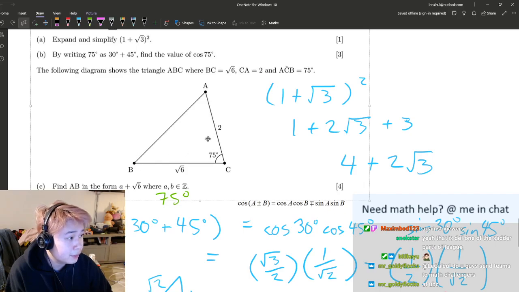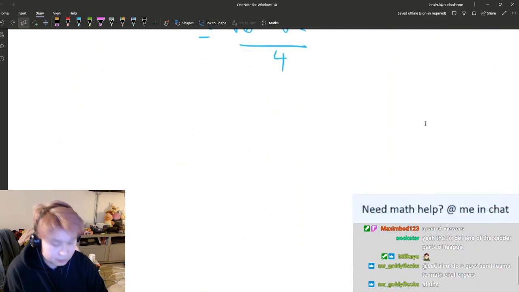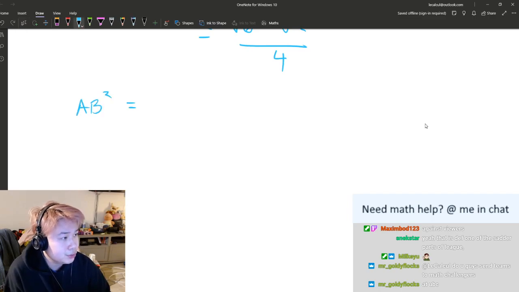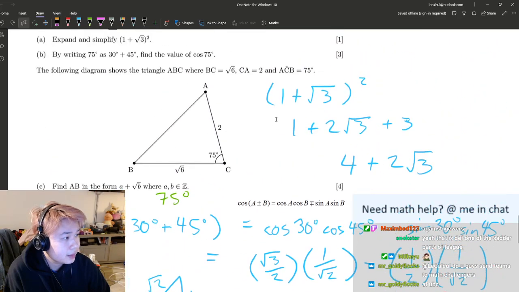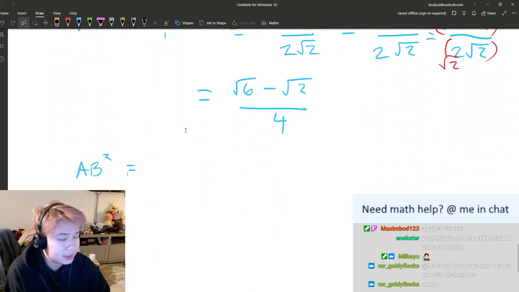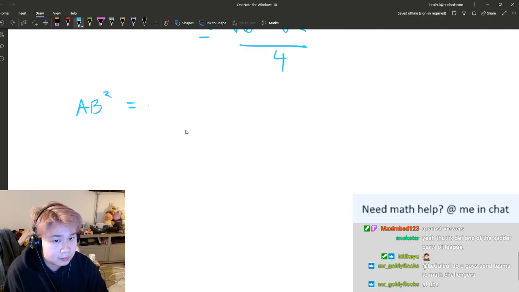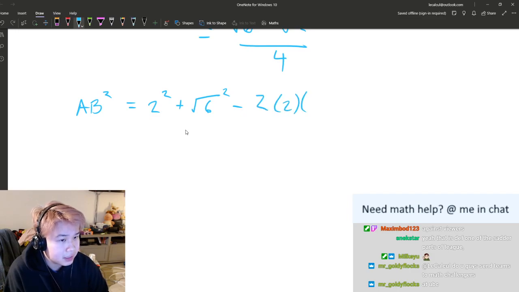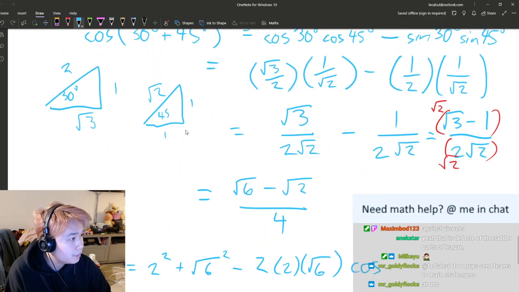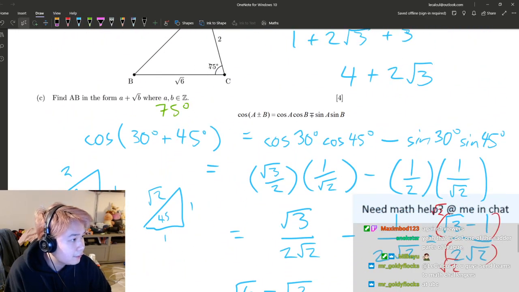And given our information, we can use Cosine Law. So AB squared is equal to 2 squared plus root 6 squared minus 2 times 2 times root 6 times cosine 75.